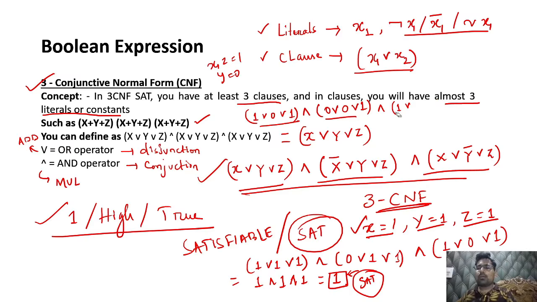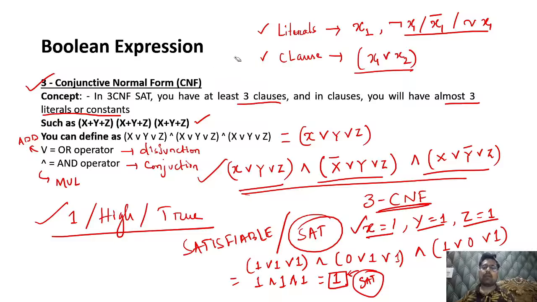So it will be a satisfiable problem for us if you are taking the values of X, Y, Z in that order. Clear? So you should know what is the satisfiable problem, or satisfiability, or SAT. Before that we should know 3 CNF, 2 CNF, 1 CNF. What is CNF? CNF is basically product of sums.